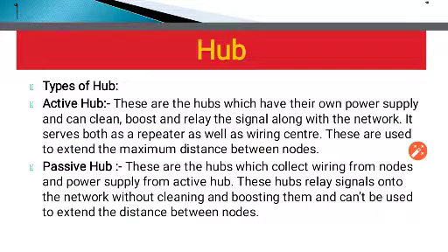On the other hand, passive hubs collect wiring from nodes and power supply from the active hub. These hubs relay signals onto the network without cleaning, without boosting, and cannot be used to extend the distance between the nodes. So I hope the difference between active and passive hub is understood.